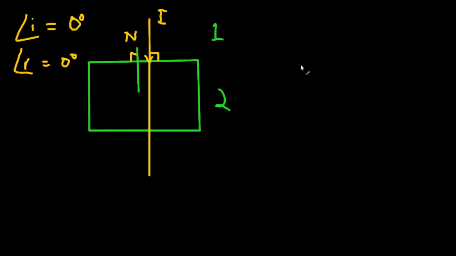Now, you also have certain substances whose optical densities are such that even though they might be completely different, one might be a solid, one might be a liquid, the speed of light in them is very similar. So the refractive index, which we haven't studied yet, is also very similar.